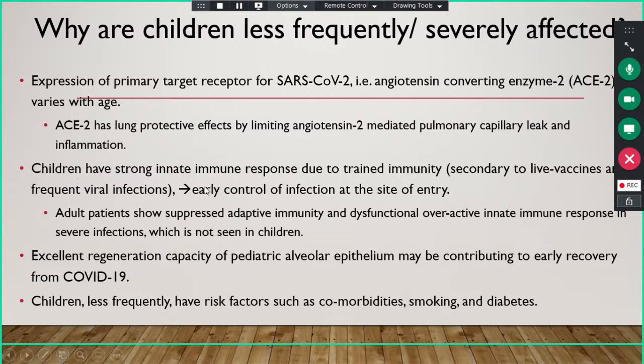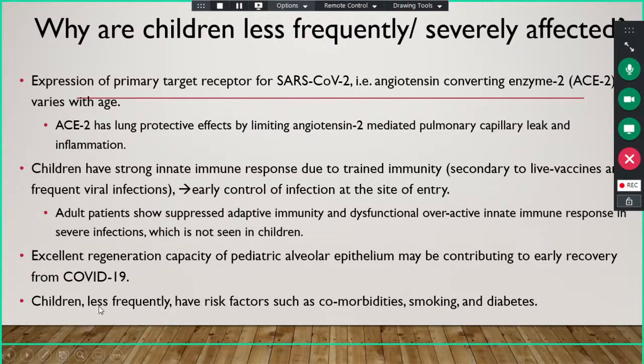Children have a strong innate immune response due to trained immunity secondary to live vaccines and frequent viral infection, and that may help in early control of infection at the site of entry itself. Adult patients show suppressed adaptive immunity and dysfunctional overactive innate immune response in severe infection, which is not seen in children. Excellent regeneration capacity of pediatric alveolar epithelium may be contributing to early recovery and less severe COVID-19.